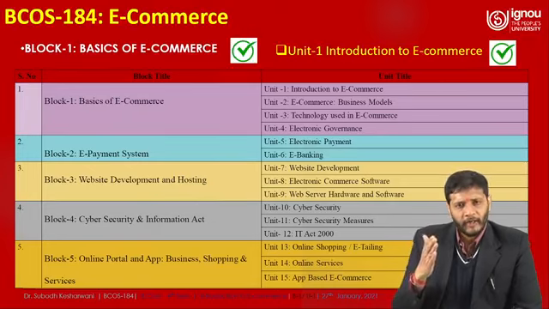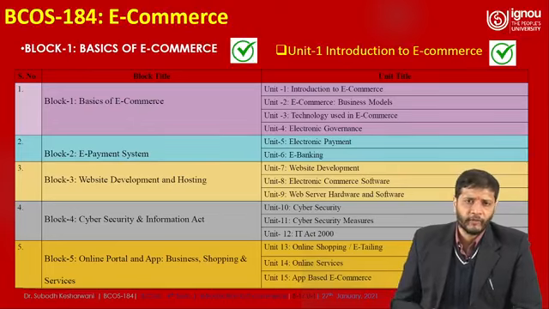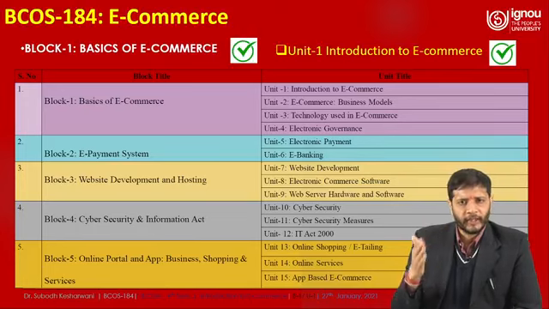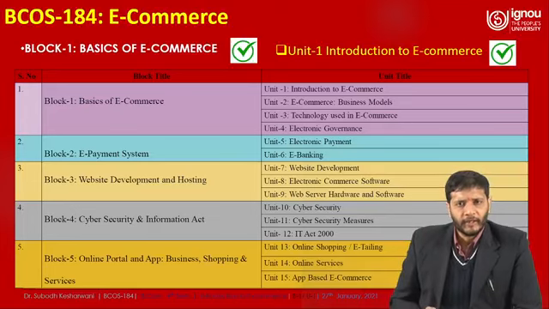So while starting our discussion on a one-to-one basis, we will emphasize each chapter and try to find out what exactly commerce is and how the business model is changing with e-commerce. Then we have technology used in e-commerce, then electronic governance.